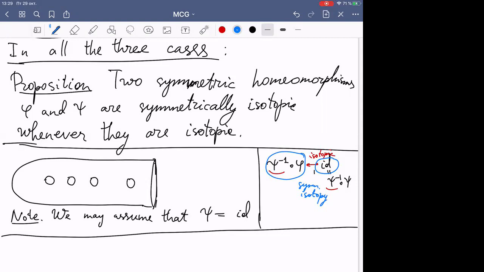But then again, applying psi, we get a symmetric isotopy between phi and psi. So if we prove this proposition in the case where psi is the identity, then the proposition will follow in full generality. So further, we will prove this for the identity.